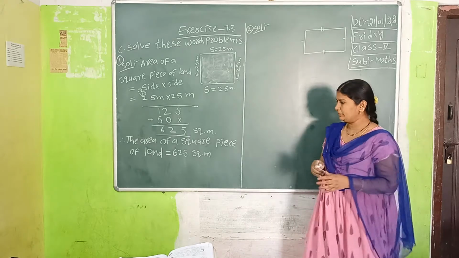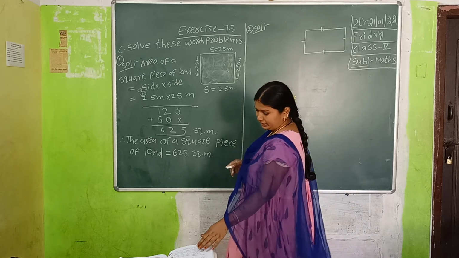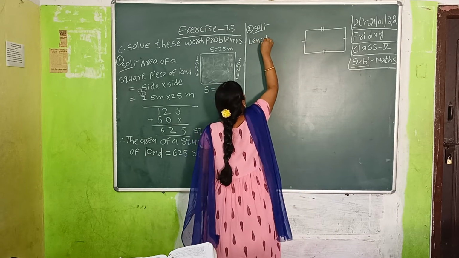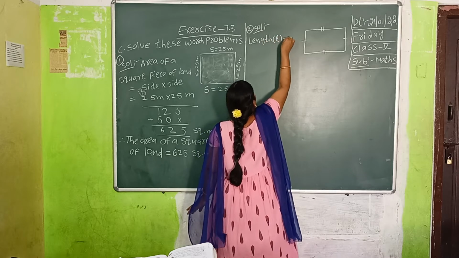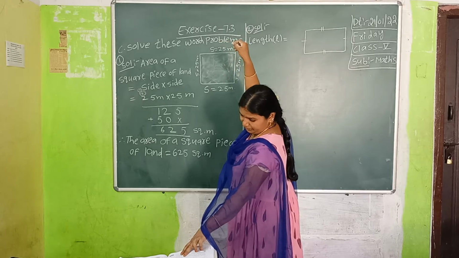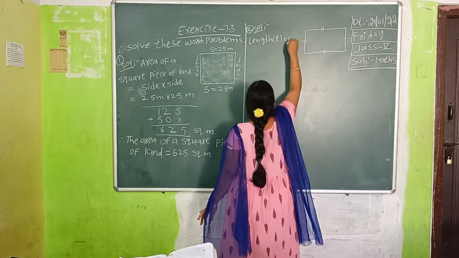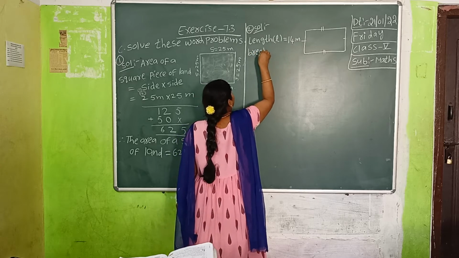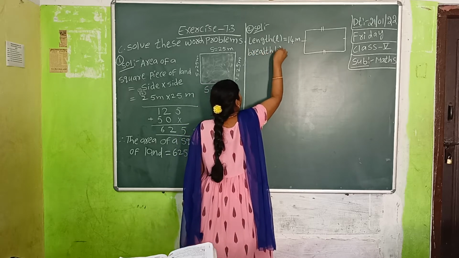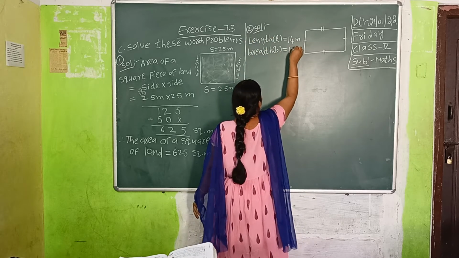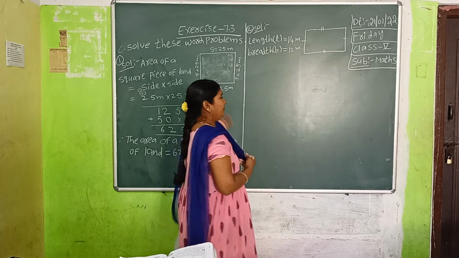Okay. Now, in the question they gave the length. What is the length? Length we show with small l. The length is 14 meters. And what is the breadth? Breadth we show with b. What is the breadth? 12 meters. Yes. Okay.